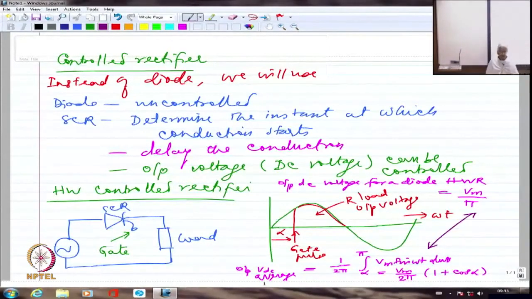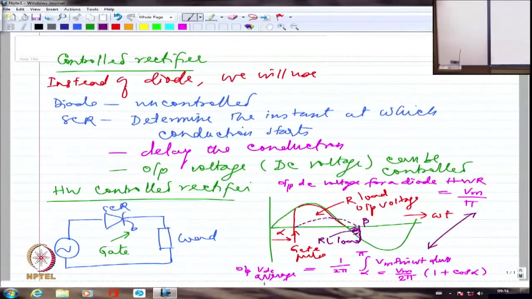Whereas with RL load, it's not going to be so simple, because the current can start from here and then extend for longer, because of which even this portion would appear. So this will appear only for RL load, not for R load, right? And I should know at what point the conduction is being completed, which is beta.